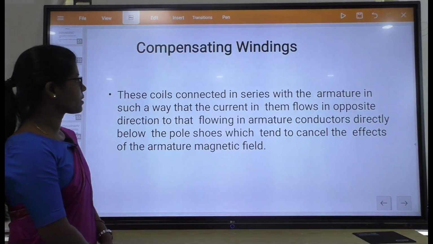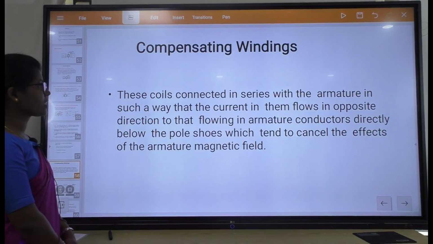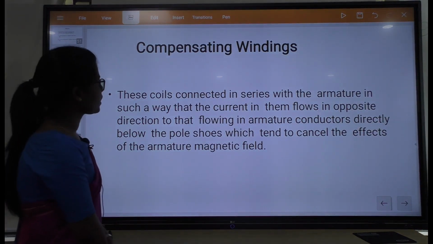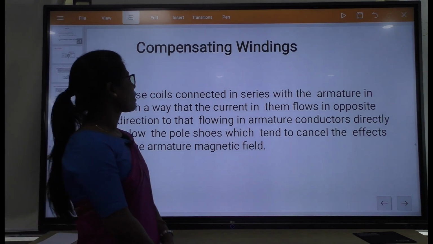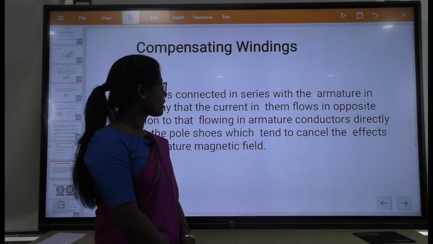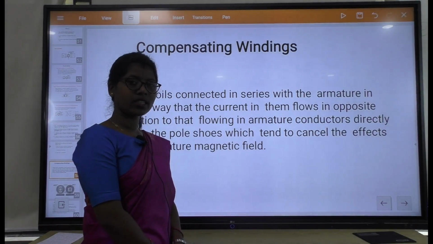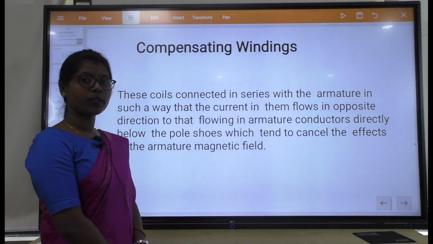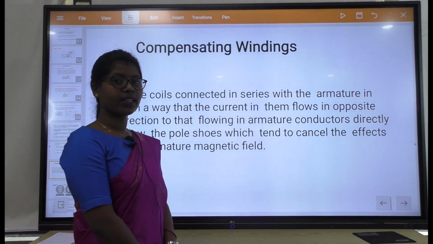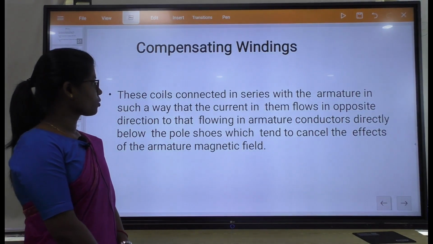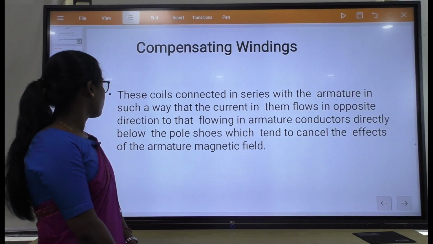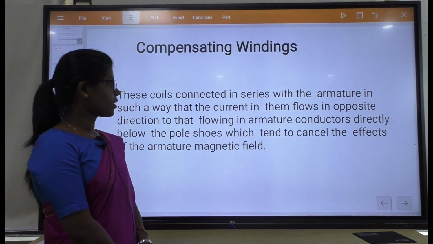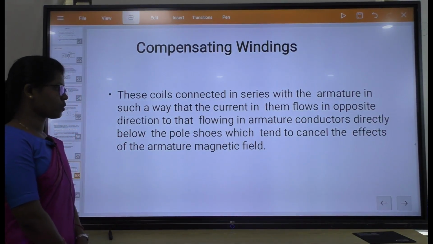So, these compensating windings are the conductors connected in series with the armature conductors and they carry armature current in the opposite direction to that flowing in the armature conductors directly below the pole shoes.